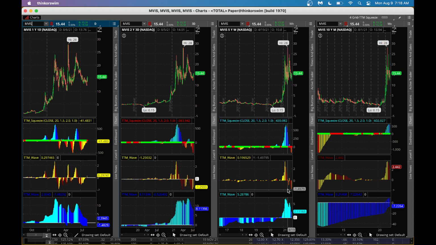But John Carter says, hey, don't worry, you can ignore the shorter term A wave if the longer term C wave is above zero. Clearly the longer term C wave is above zero. It's a 2.11, which is above zero, and also it's a bright light blue color. That tells you it's bullish at this time.